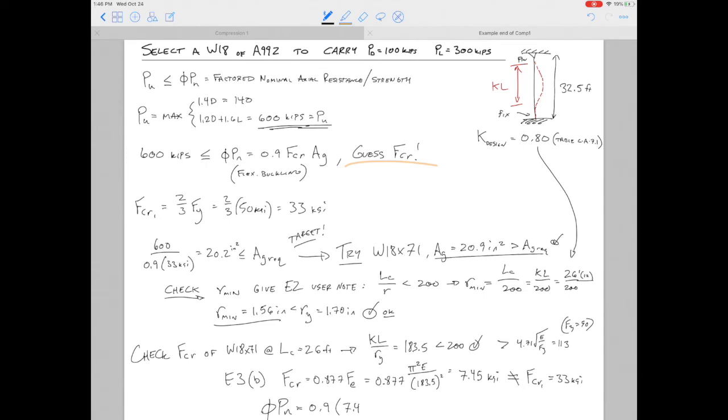So we've got 7.45, because we might be close, and it might actually work. 7.45 times 20.9 times 0.9 is 140 kips, 140.1 kips, and that is no good for a PU of 600.